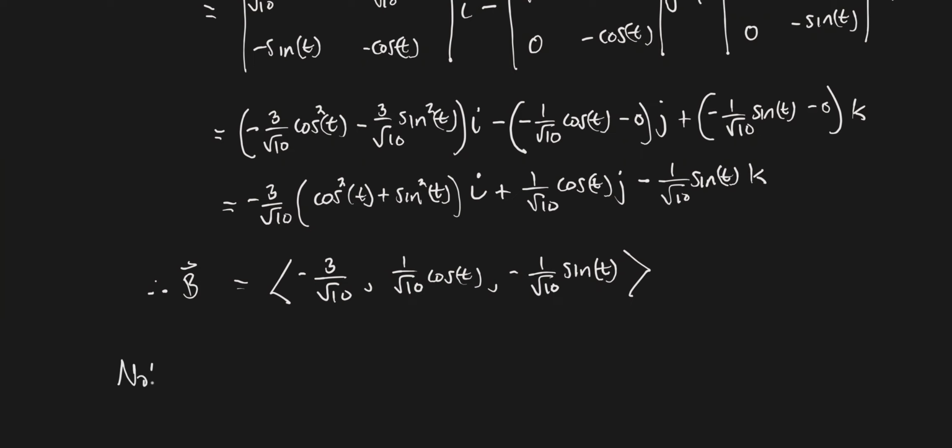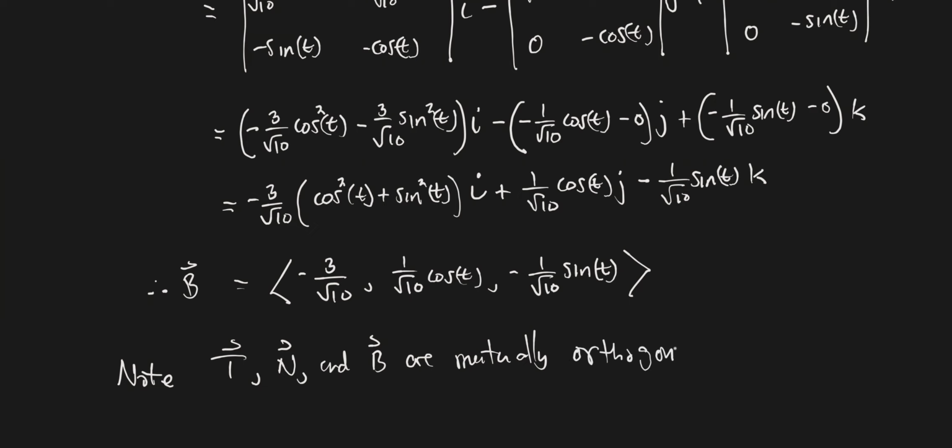So note: T, N, and B are what we call mutually orthogonal. Just like your i, j, and k, right?